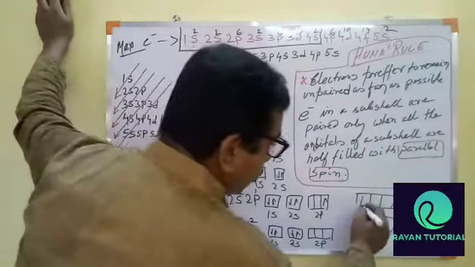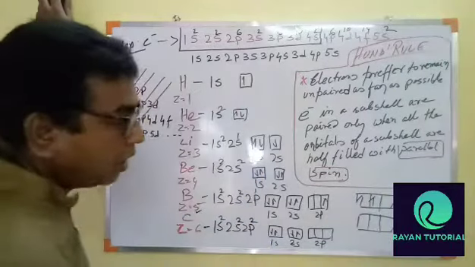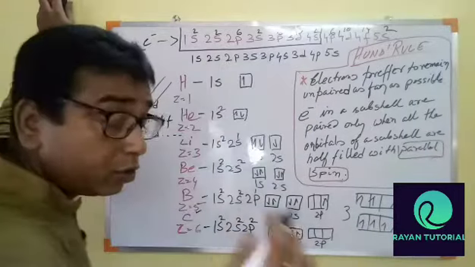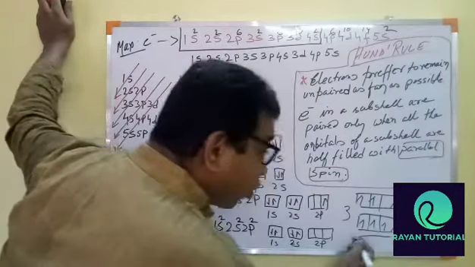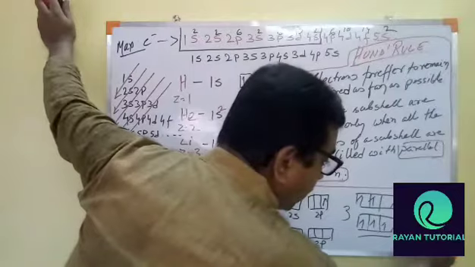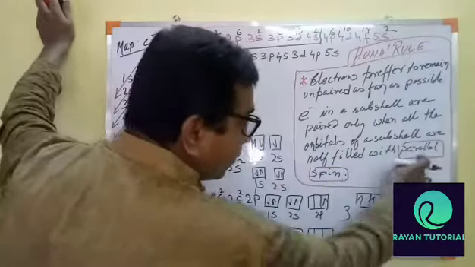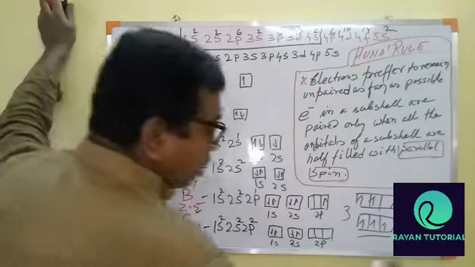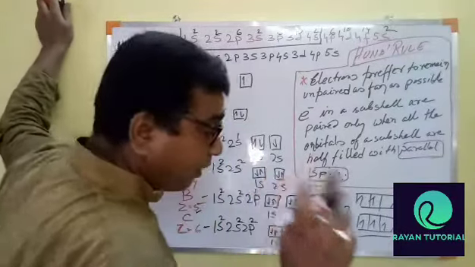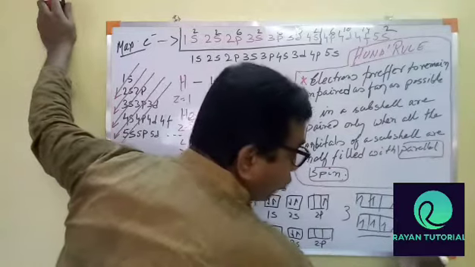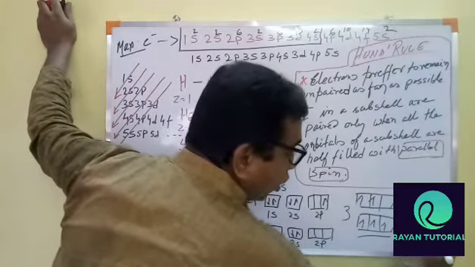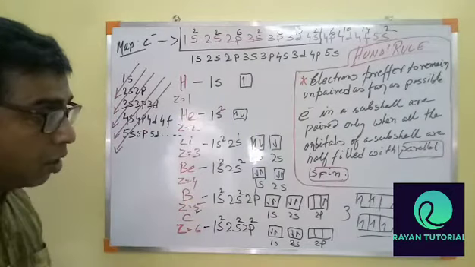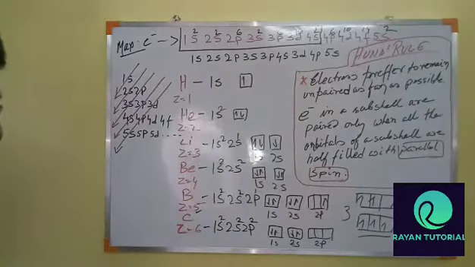One you have to put here, one you have to put here. Now you have got 3 electrons: one here, one here, one here. Then you got 4 electrons. Now this is already half filled, so one here, and always remember parallel spin. All should be in the same spin. Now one more electron can come and stay here, or here, or here. This is all about it. Understood?